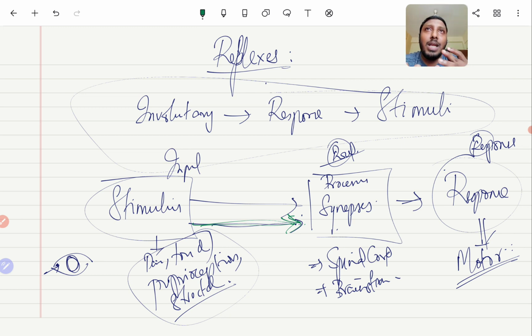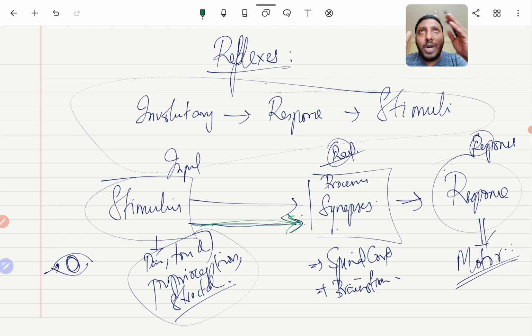The sensory information has to be processed, because sensation of the eye comes via the trigeminal nerve, and closing of the eyes is done by the orbicularis oculi, which is supplied by the facial nerve.